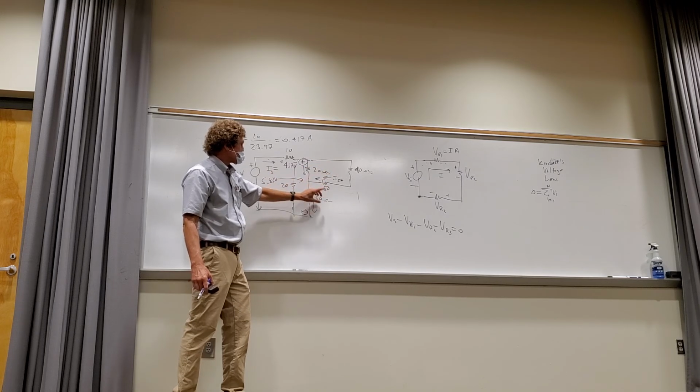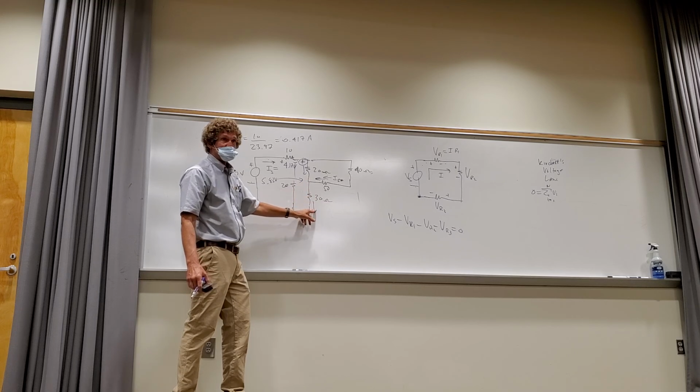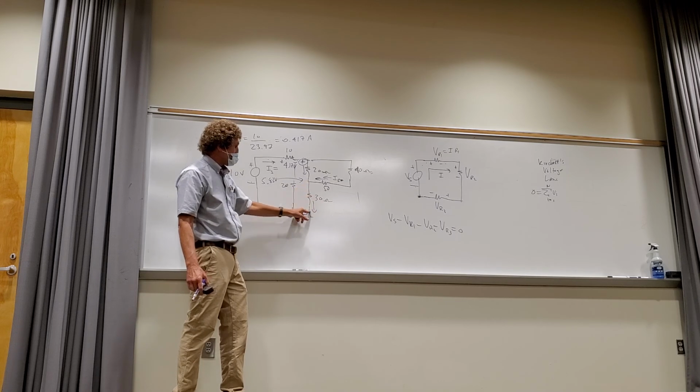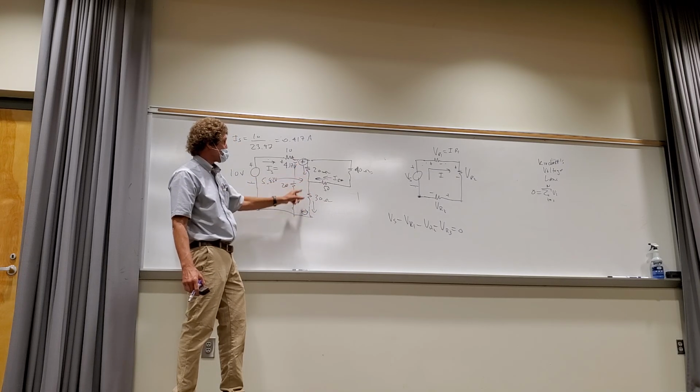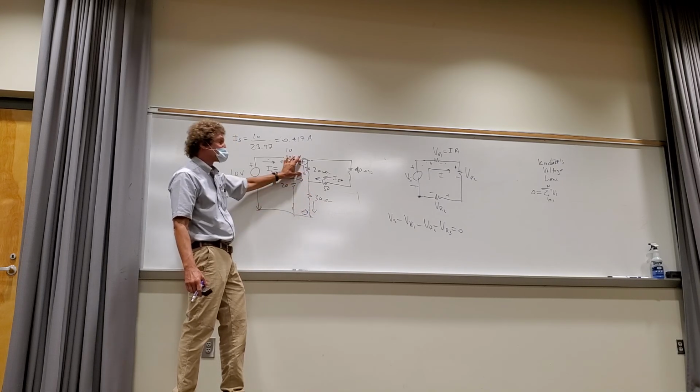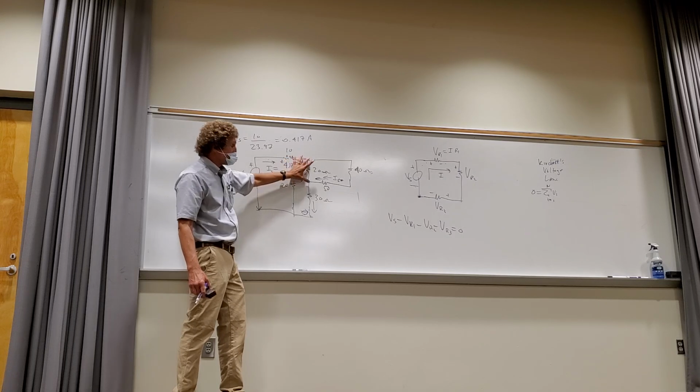Put that in series with 30, then I could say 4.17 divided by that series combination would be the current, correct? Now once I had that current, then I'd have the voltage drop here, right? That current times 30, right? Then if I took that voltage drop and subtracted it from 4.17, then I'd have a volt.